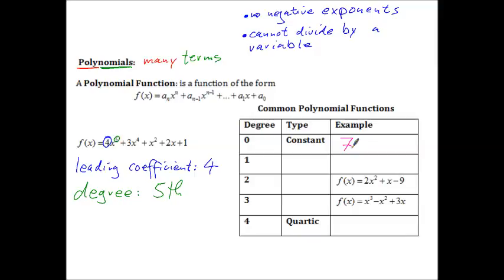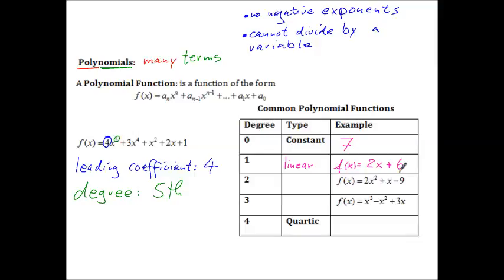There's no variable, it's a constant function. If the degree is 1, we have a type of function that you dealt with a lot in Algebra 1, a linear function. An example for that would be f of x is equal to 2x plus 6.